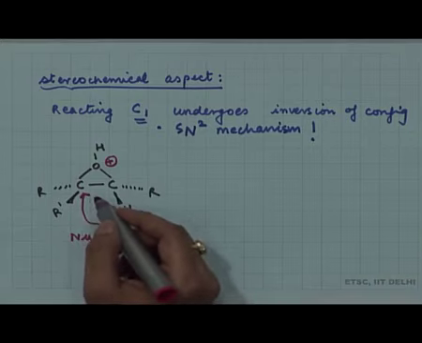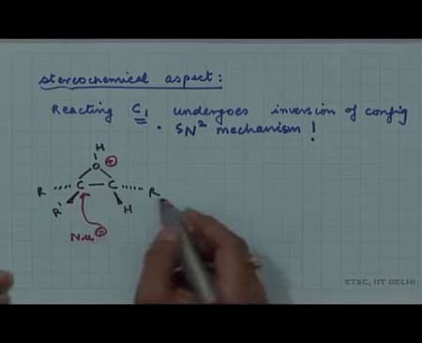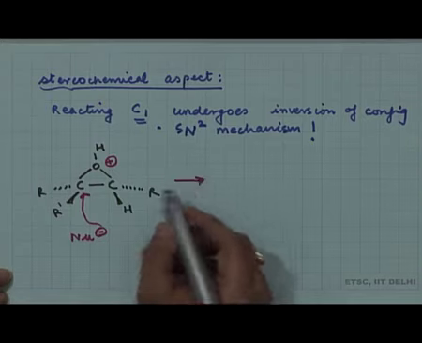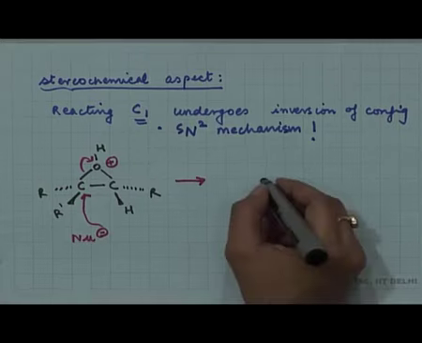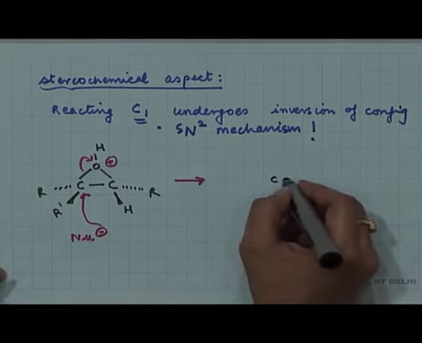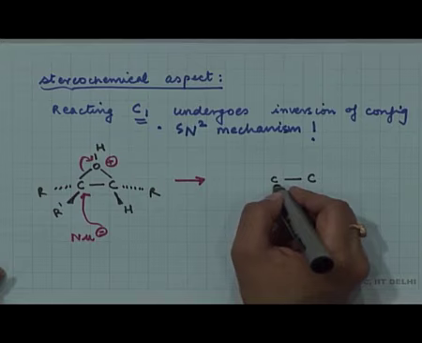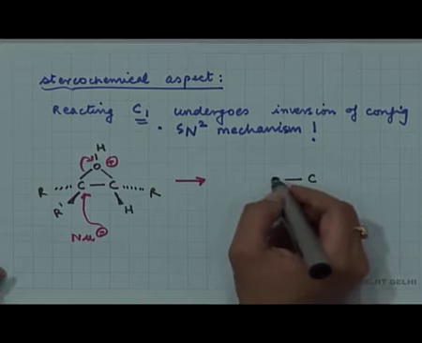Now, when the nucleophile comes and attacks, it attacks the more substituted carbon, because of the significant carbocationic character of the carbon in this intermediate, and after the reaction when it opens up, what you get is a ring opened product that has an inversion at this carbon center. Okay.